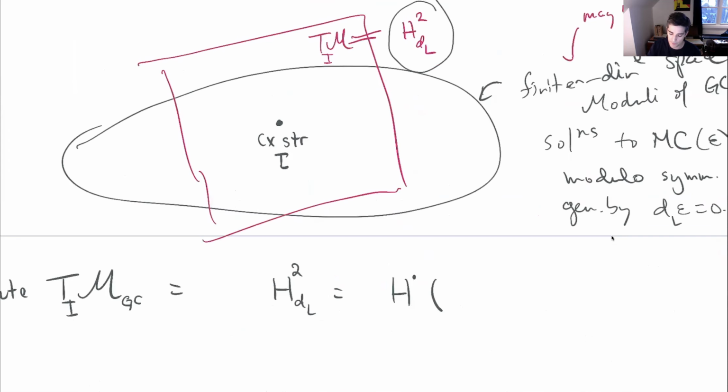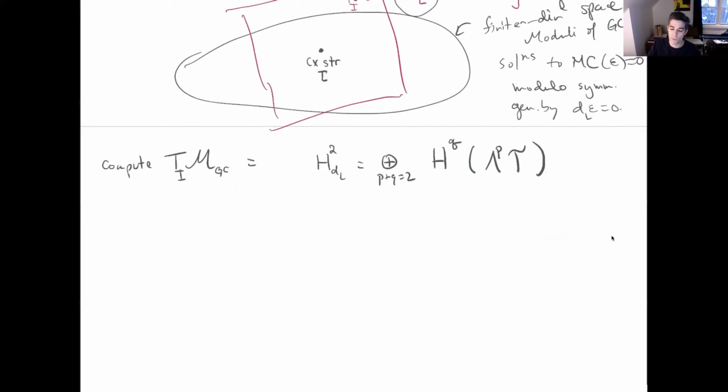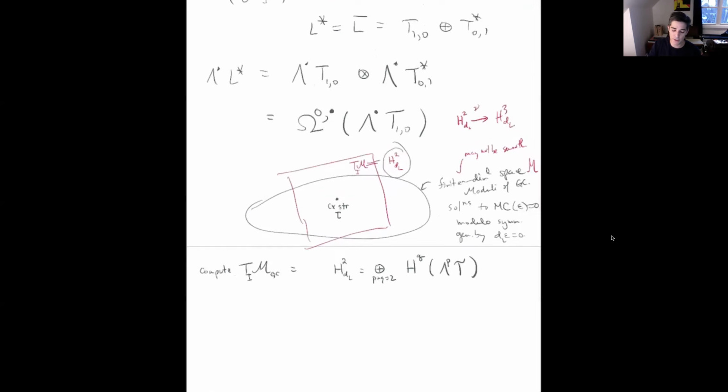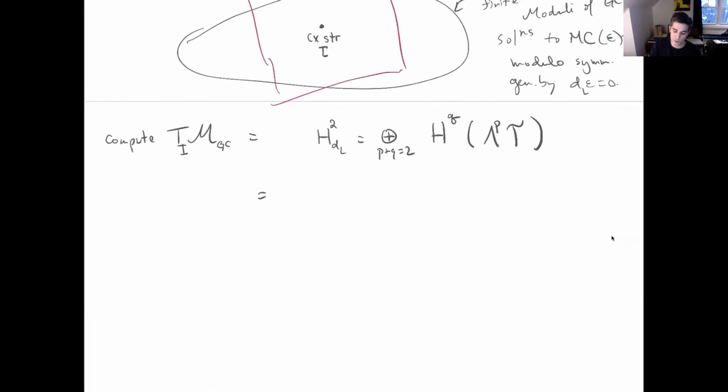So it's the sum where P plus Q equals 2 of HP, I'll put it HQ, of wedge P T. All these Dolbeault cohomology groups of the tangent sheaf, or the exterior products of the tangent sheaf, the ones that sum up to 2, those form the tangent space. And so there's only 3 spaces here. There's H0 of wedge 2T, there's H1 of T, and there's H2 of O.